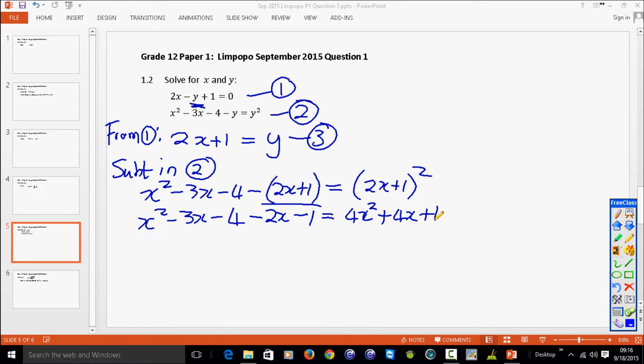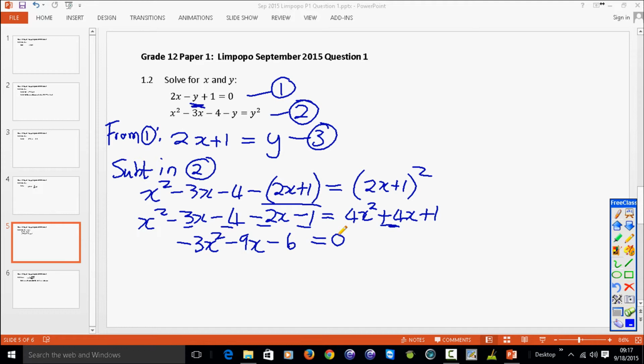So all the x squared terms are grouped together, we get negative 3x squared. All the x's grouped together, negative 5, and another negative 4, so it's negative 9x. And all the numbers grouped together, negative 5, negative 1 is negative 6, is equal to 0.